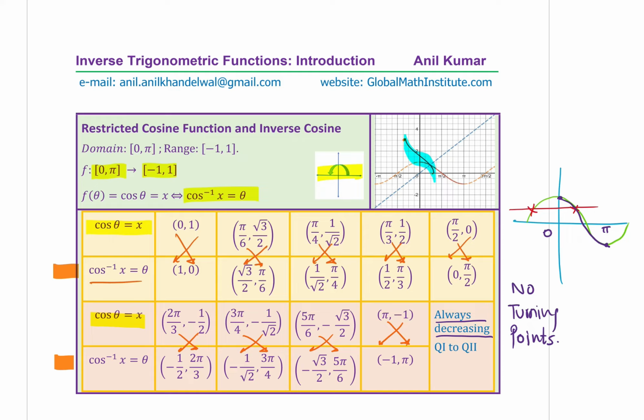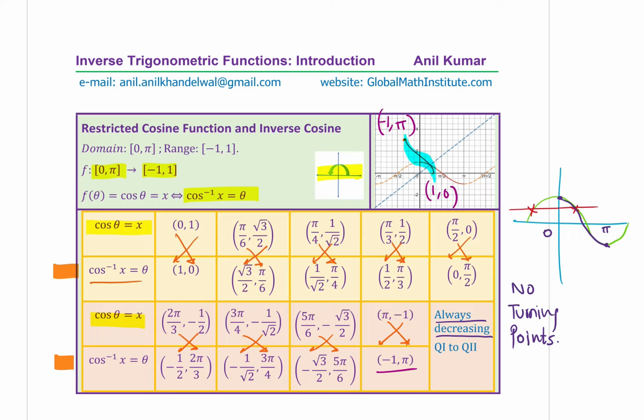So in this particular function, we get a maximum value of pi at -1, and the minimum value will be 0 at 1. Correct. So that becomes the domain from -1 to 1, and the range being from 0 to pi in the case of cosine inverse function.